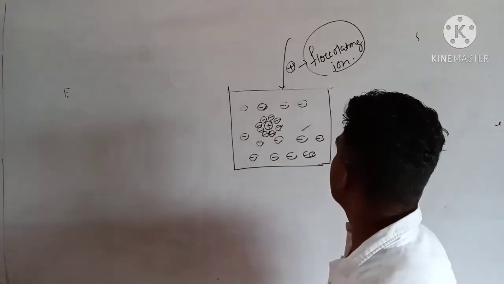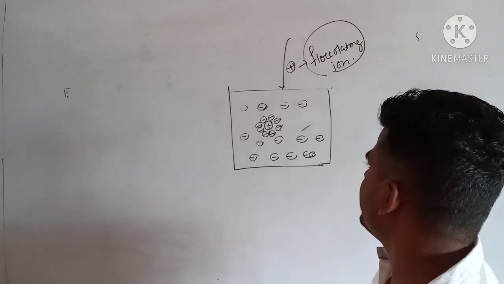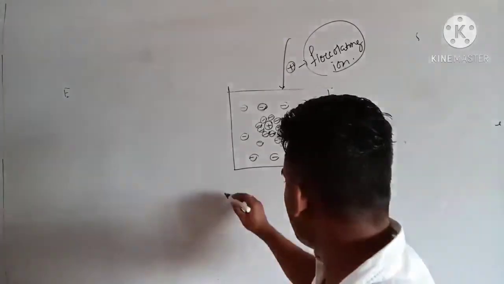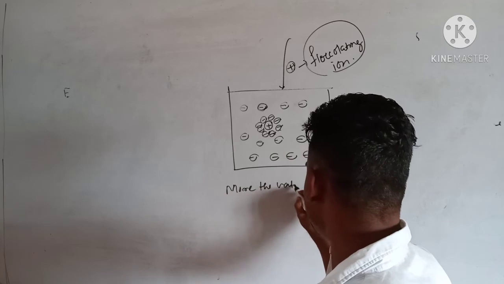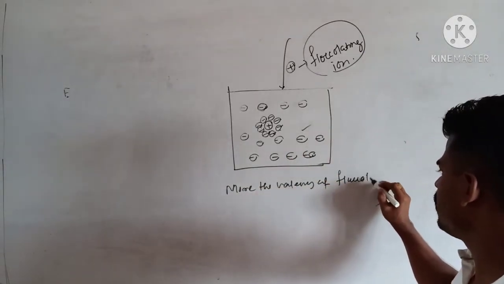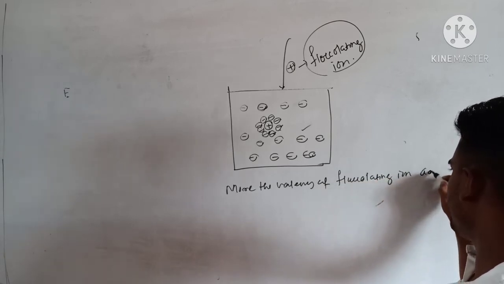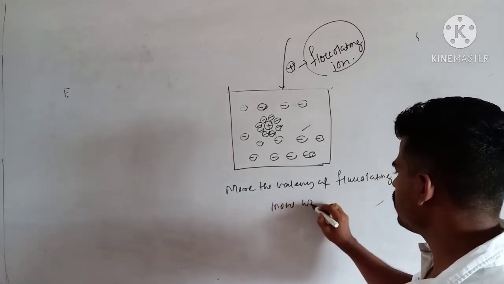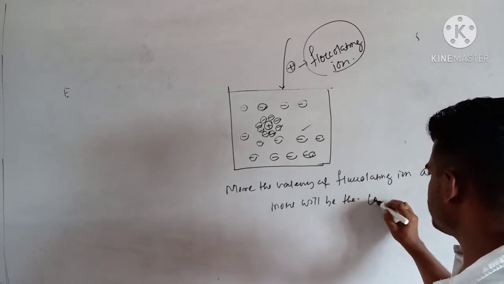Is that clear? The greater the magnitude of valency of this flocculating ion, the more the coagulation. You just remember over here, the more the valency of the flocculating ion added, the more will be the aggregation or coagulation.